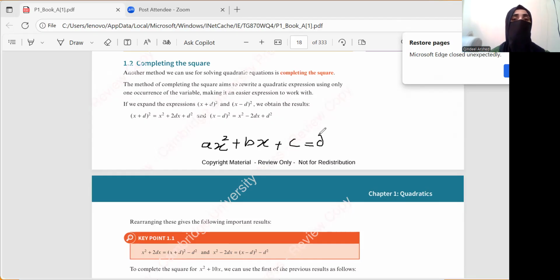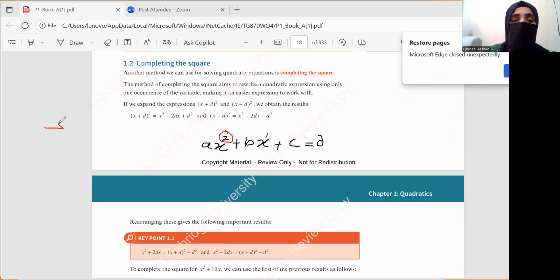But the main thing is, a quadratic equation is an equation in which the highest power of the variable is 2. Here the power of x is 1, and here the power of x is 2. So the highest power is 2. That's why this is called a quadratic equation.